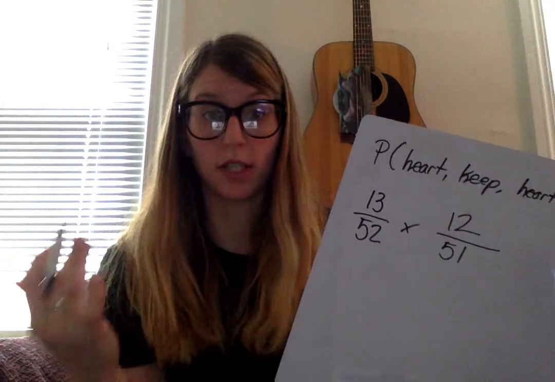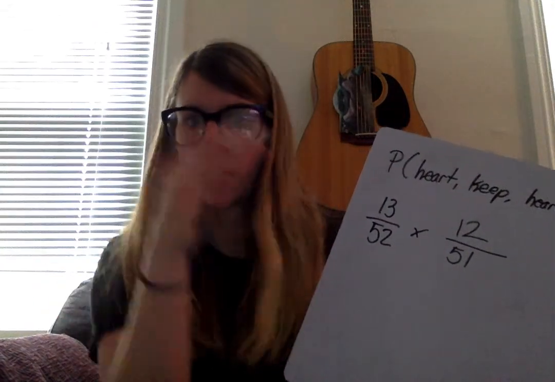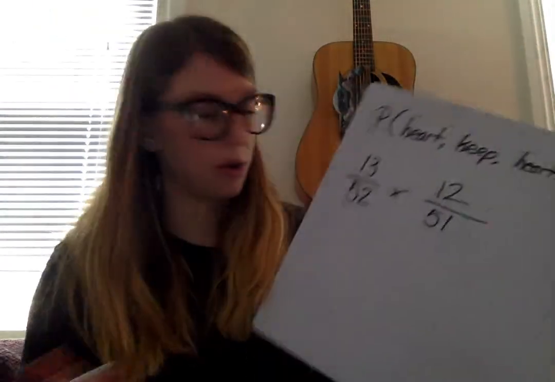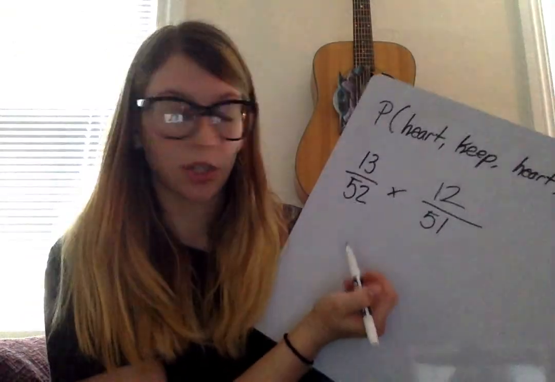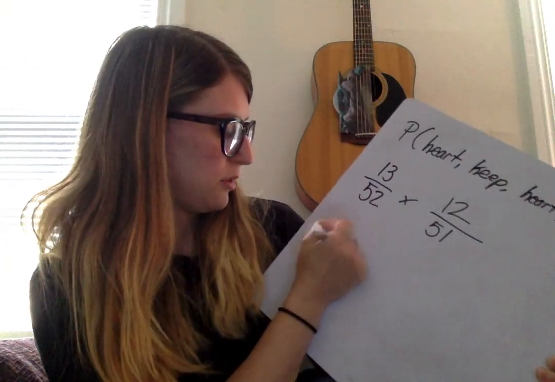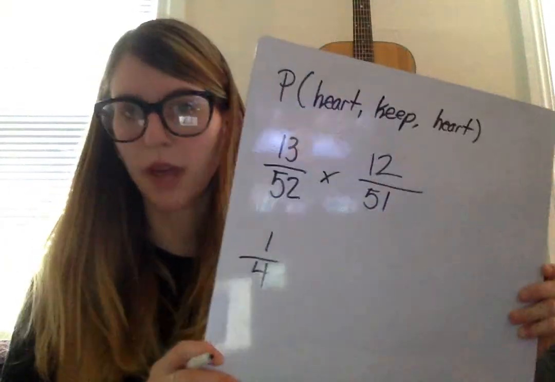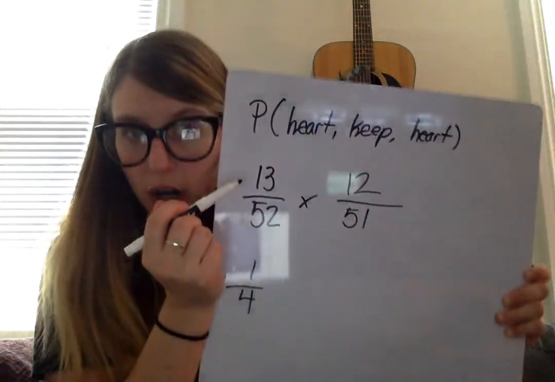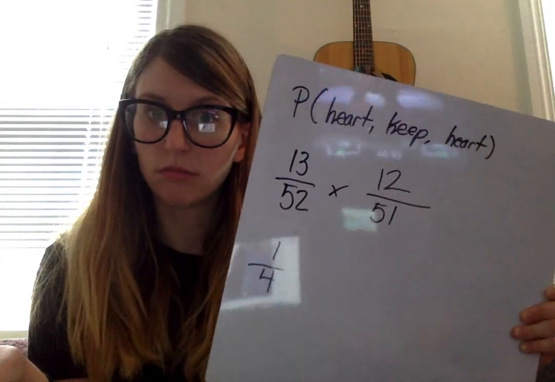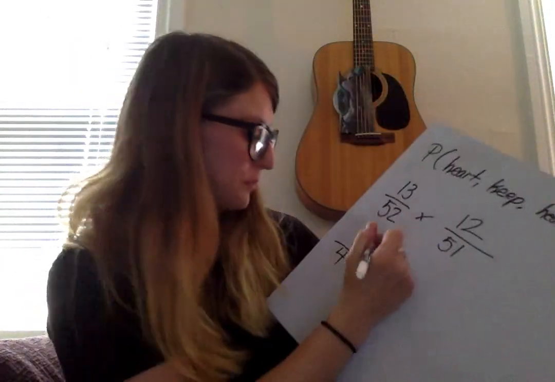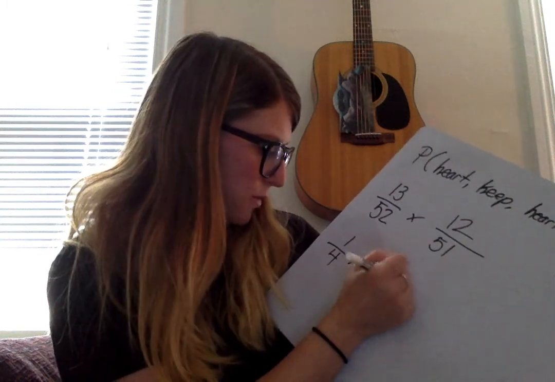What I'm going to do is simplify what I know. As you get more repetition and more practice, you're going to notice that 13 over 52 is 1/4, and I know that because 1/4 of the cards are hearts. So 1/4. I could simplify 12 over 51.